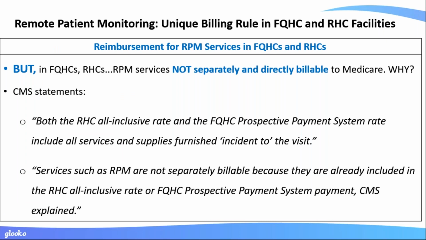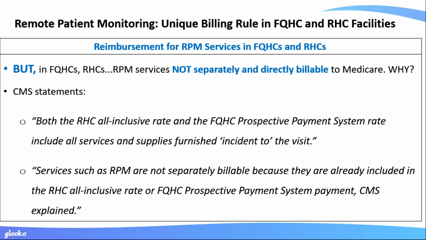FQHCs and RHCs are considered facilities, even though they're clinics. All the other independent clinics are considered non-facilities, but Medicare, I said it before, sometimes their rules are a little bit crazy and outside of what we normally think. So even though FQHCs and RHCs are clinics, they're designated as facilities in the Medicare world. Go figure, right?